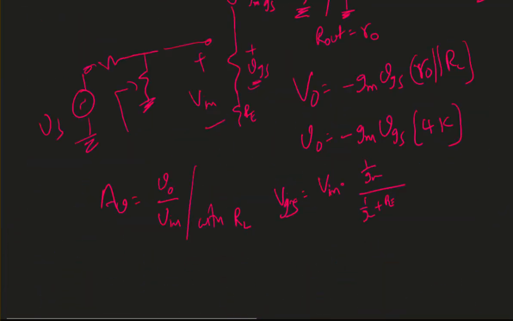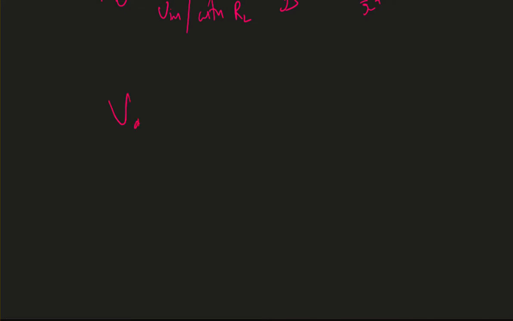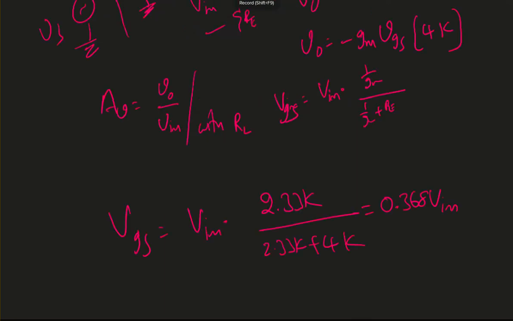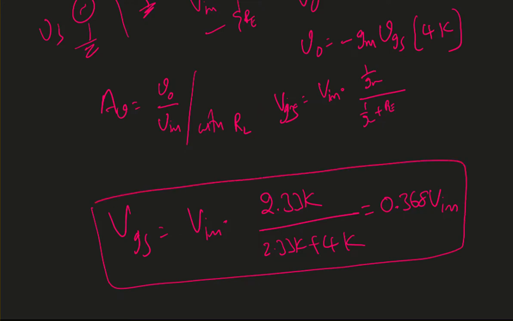VGS is nothing but Vn times the same resistance, 2.33 kilo over 2.33k plus 4k. So here I end up with VGS equal to 0.368 Vn.